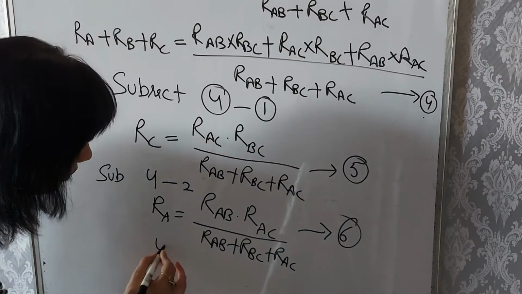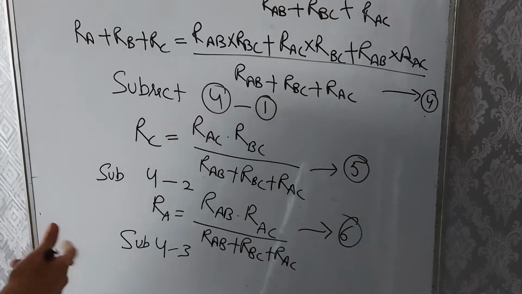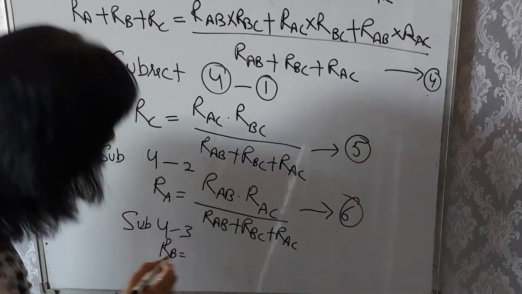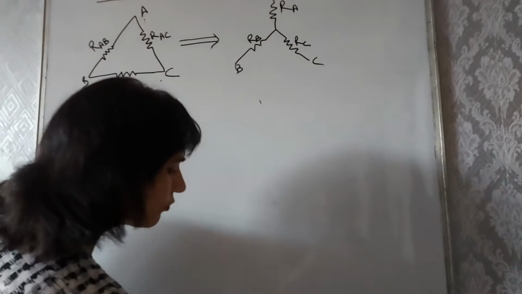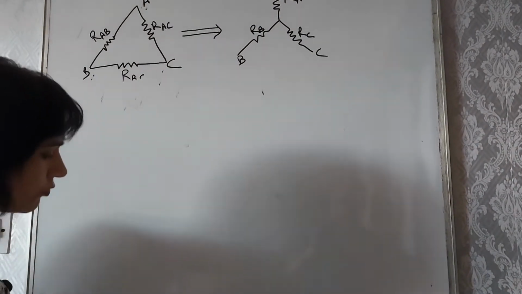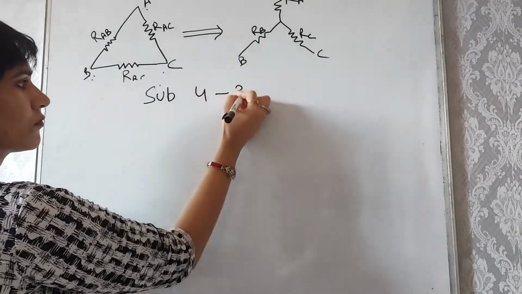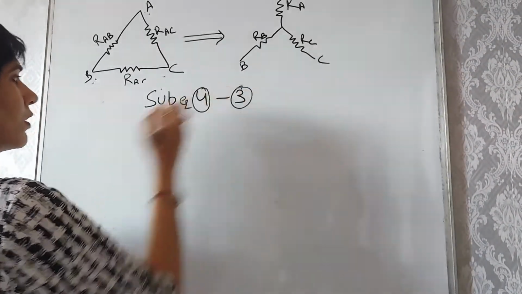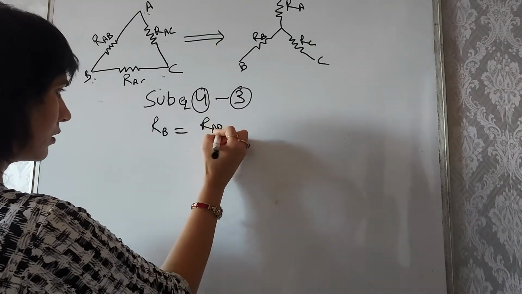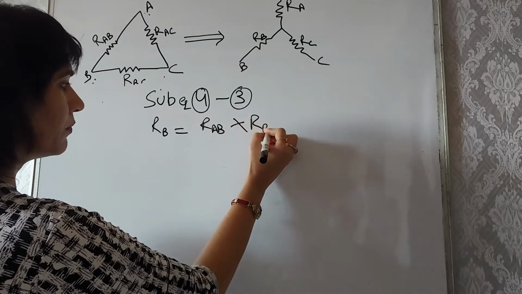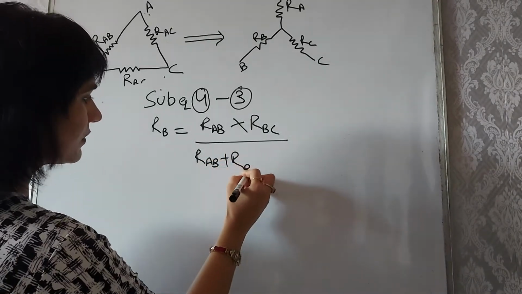Similarly, subtract equation 4 from equation 3, then we will get RB is equal to RAB into RBC upon RAB plus RBC plus RAC.